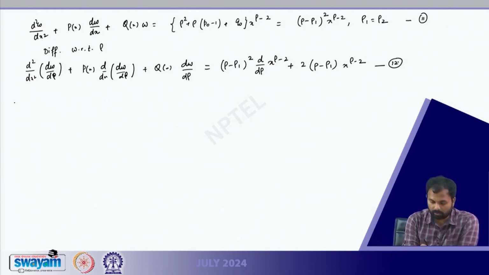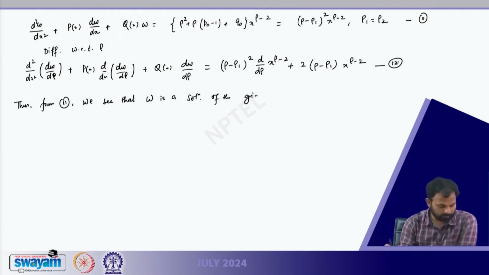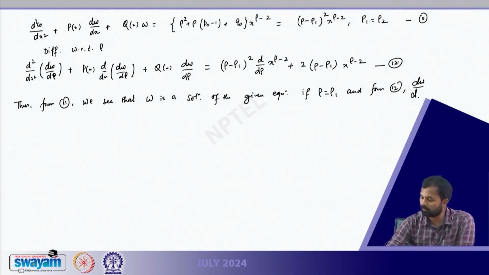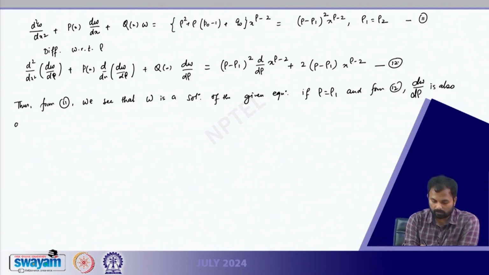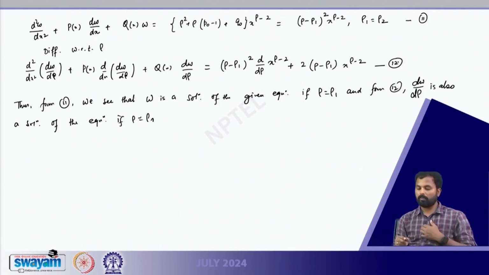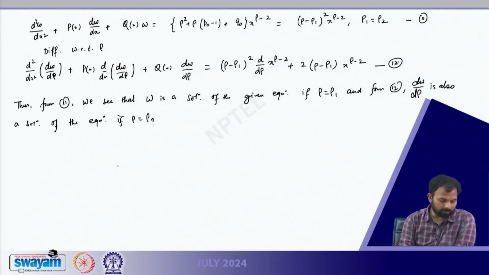So, from 11 we see that w is a solution of the given equation if rho equals rho 1, and from 12 we see that dw by d rho is also a solution of the equation if rho equals rho 1.